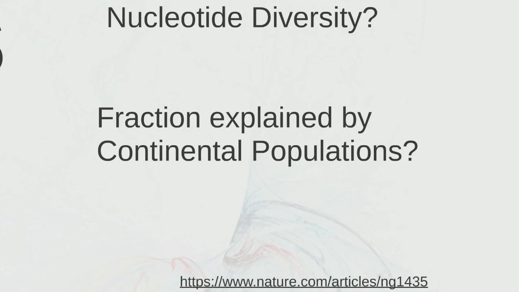The nucleotide diversity, this is something you should probably memorize if you don't know it already, between you and the person in your apartment or sitting next to you when you are back in classes, or between you and me, is about 1 in 1,000 base pairs. So every 1,000 base pairs, we're likely to have a variant between us.